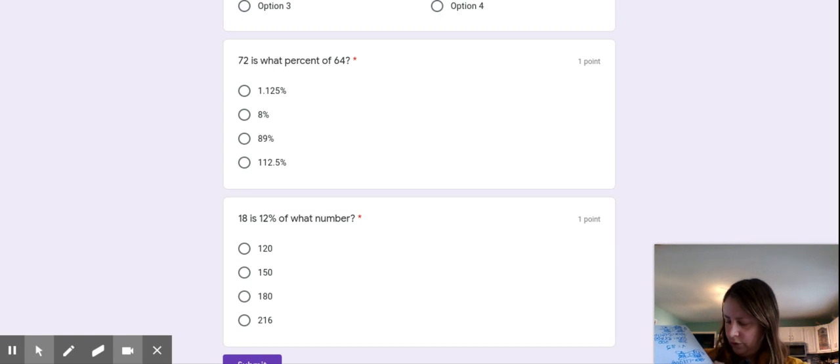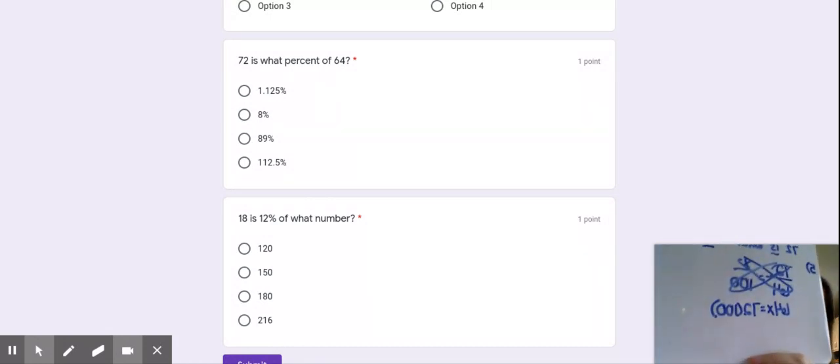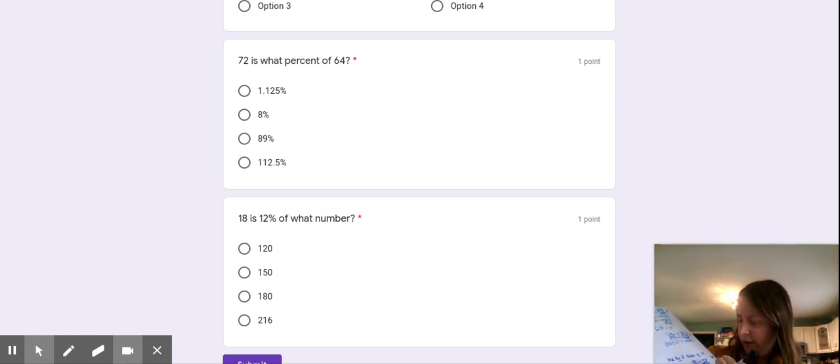You are going to cross multiply. 64x equals 72 times 100. 64x equals 7,200.